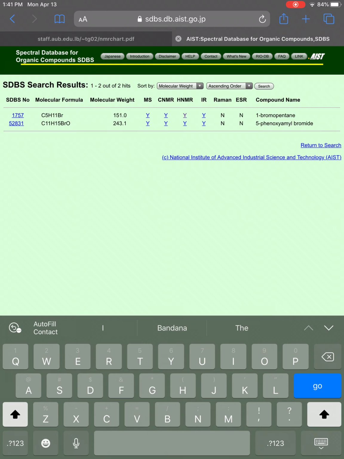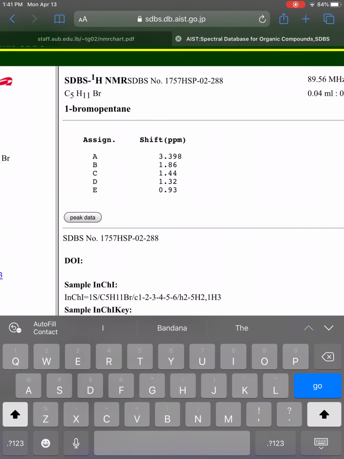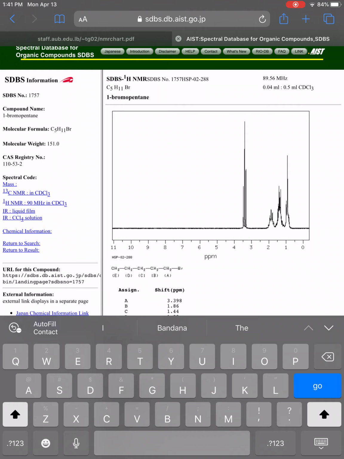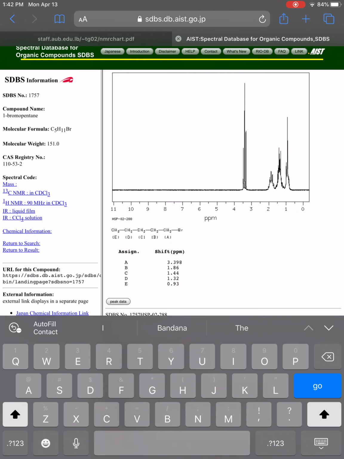All right, and I'm going to pick the HNMR. Unfortunately, I cannot draw on this with my stylus, so you'll have to listen to my instructions here to look at the different signals. This is the proton NMR spectrum of 1-bromopentane. All right, and so you can see the picture with the squiggles on the page, and also you can see a structure drawn down below.